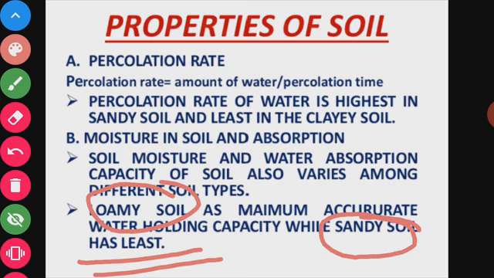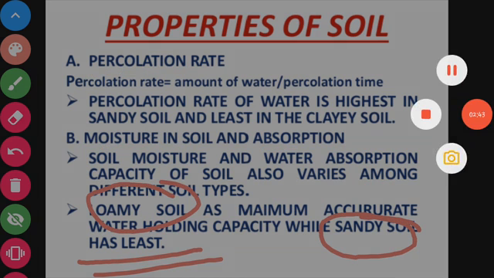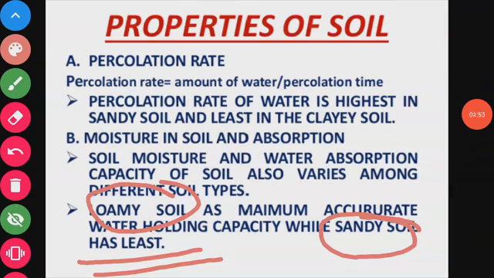Now, the second property is moisture in the soil. Dear students, soils have spaces in them which can hold water.